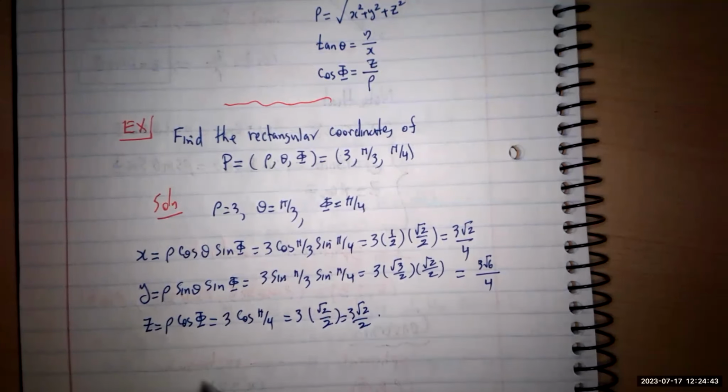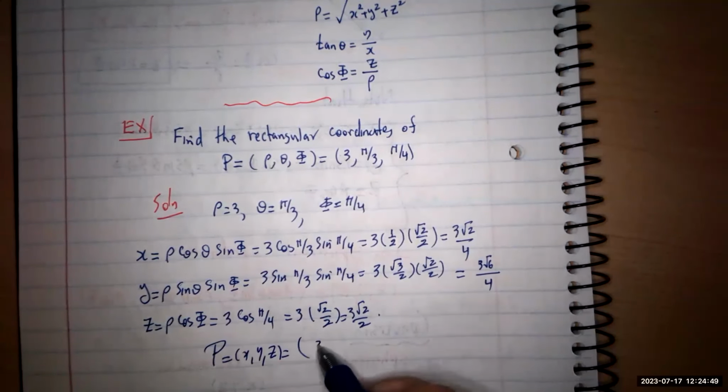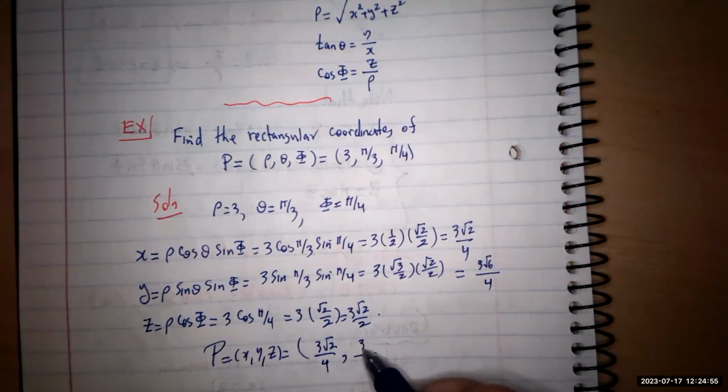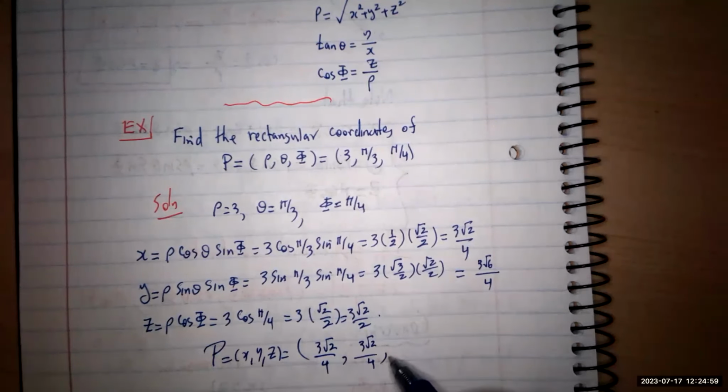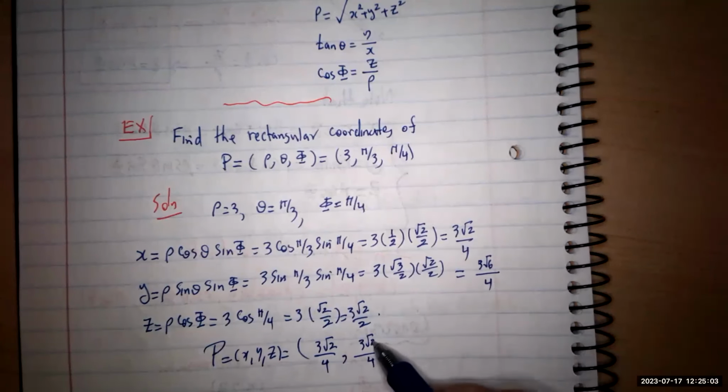That's it. So the point P in x, y, z coordinates is going to be 3 radical 2 over 4, and the second is, sorry, this is 3 radical 6 over 4, and the last one is 3 radical 2 over 2.